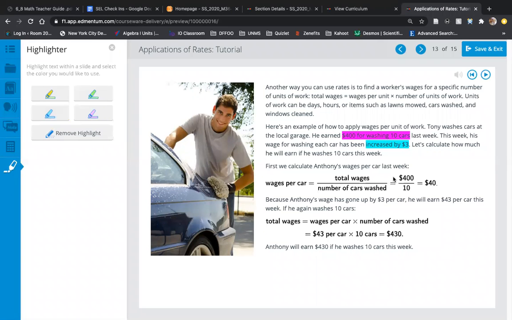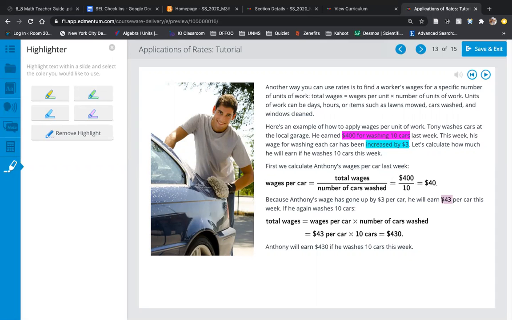So remember which question you are answering. We're trying to answer how much does he make per car this week. So he made $40 for every car last week. Now he's making $3 more, right? So that tells us that this week, he's going to get $43 for each of those cars.